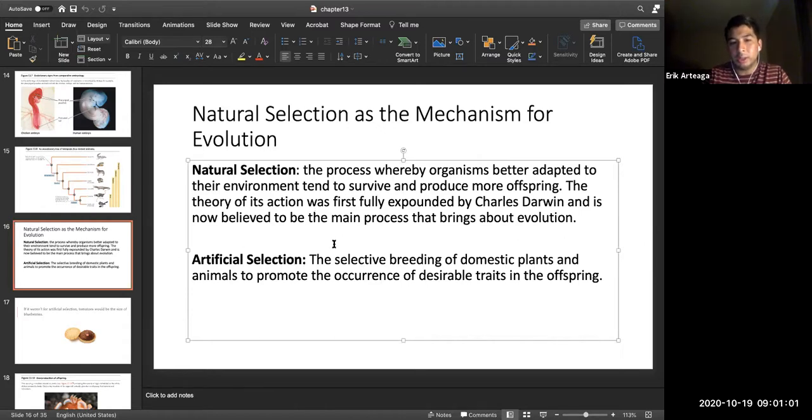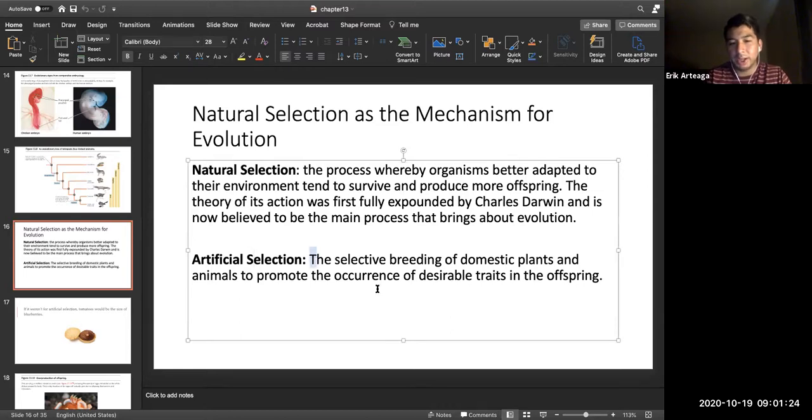Nature is the best at allowing the organisms that are more fit to survive and reproduce. The more favorable traits will be retained in that population. Whereas when we perform artificial selection, we want those desired traits, the snub nose, the short stature, various other traits.